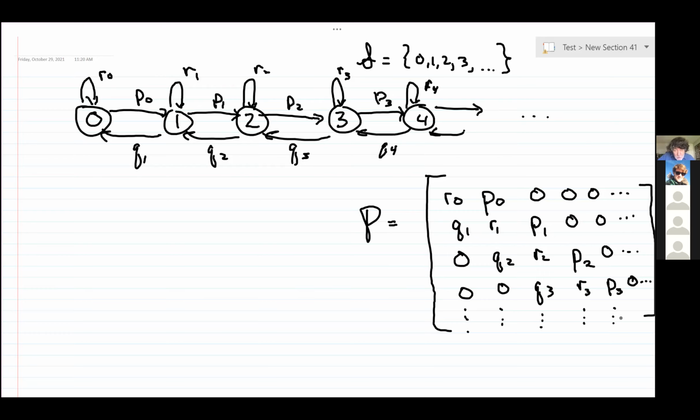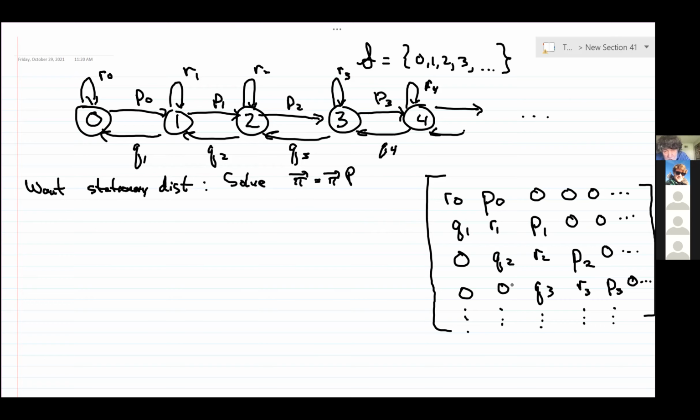Okay, so if we want the stationary distribution, it's similar to what we did the other day for the birth disaster chain. Let's just make room for this. That means we have to solve this equation: pi vector is equal to pi times P, where P is this matrix. So let me write that out in more detail. How does the pi vector look?